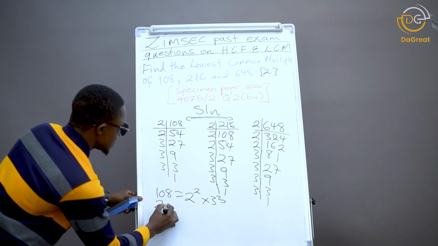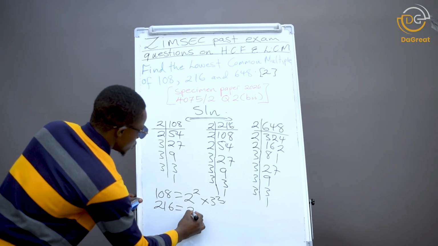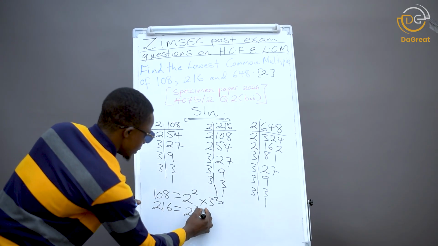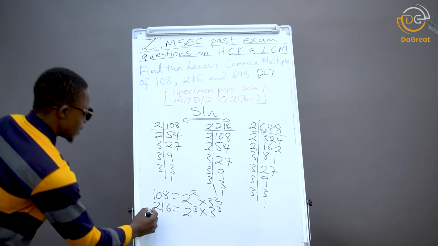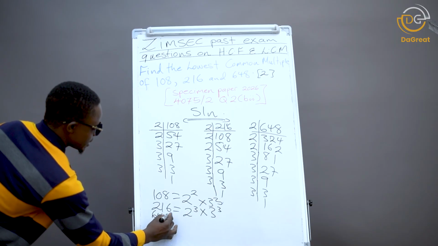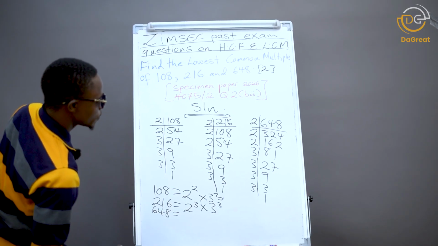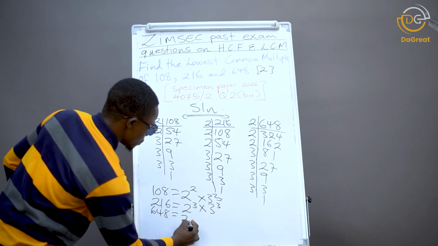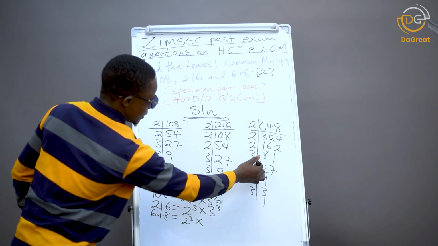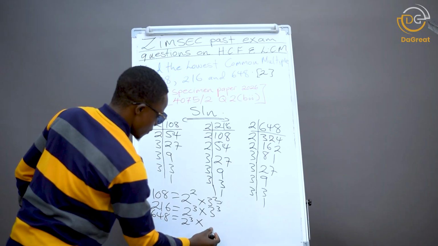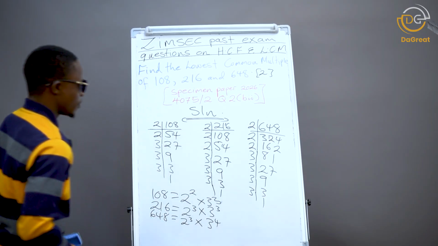Then 216 is equal to 2 to the power 3 times 3 to the power 3. Then 648 is equal to 2 to the power 3 times 3 to the power 4, counting the 3s: 1, 2, 3, 4.